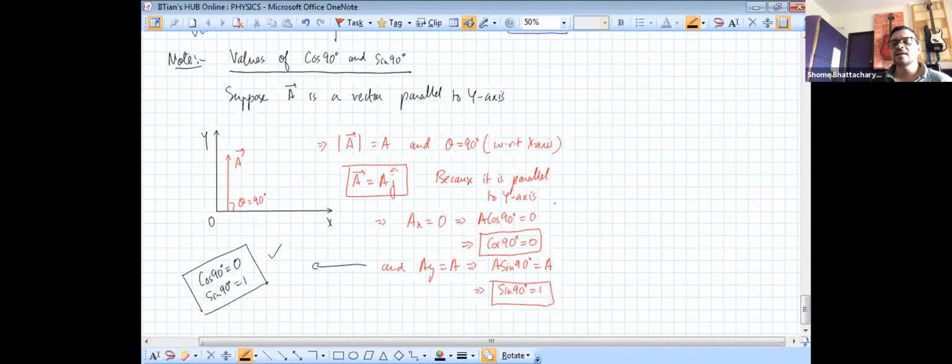Yes, exactly. Parallel to the x-axis to A I cap हो जाएगा and parallel to the y-axis to A J cap हो जाएगा.